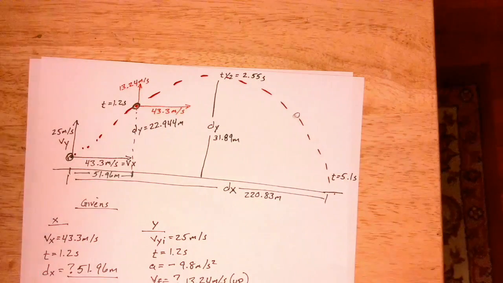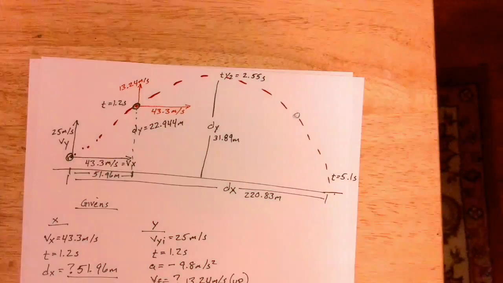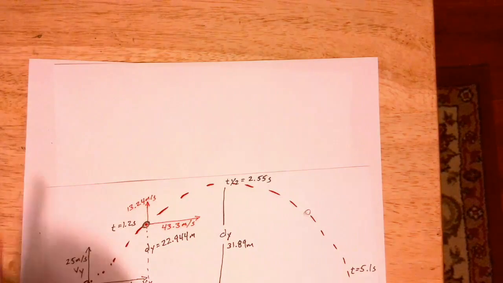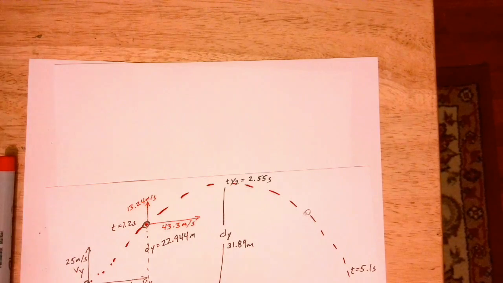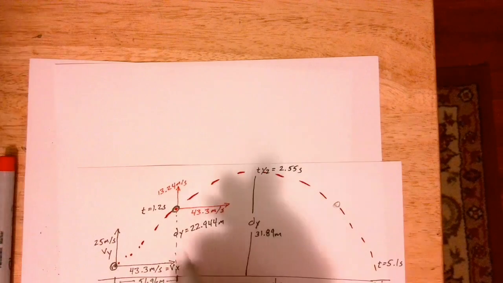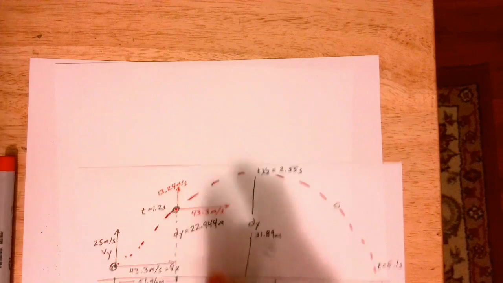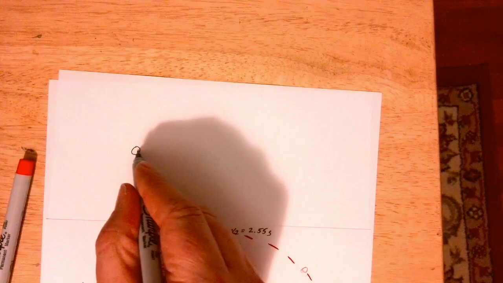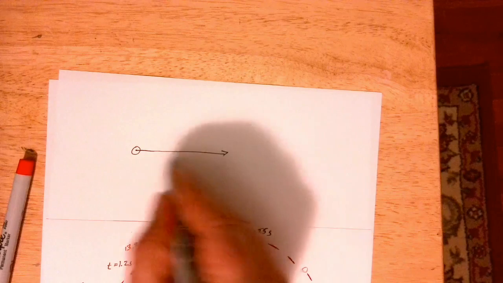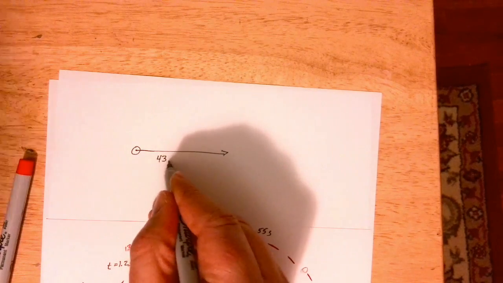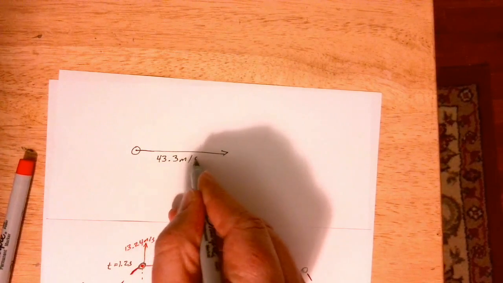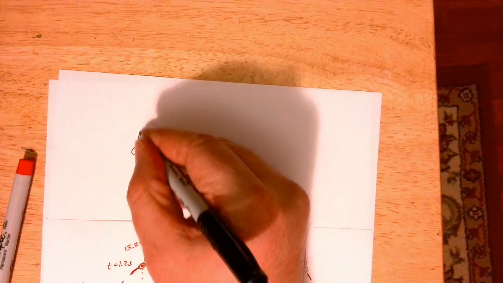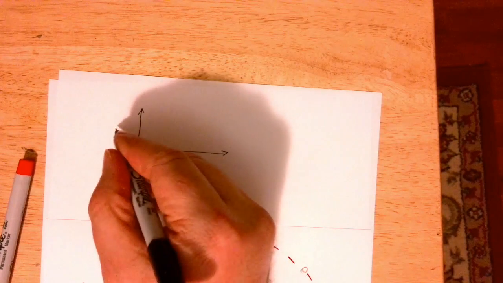To do this, I'm just going to switch over to a new sheet of paper here and concentrate on this aspect. We have a vector that is going across at 43.3. It's going up at 13.24.